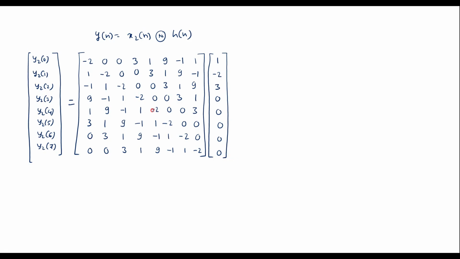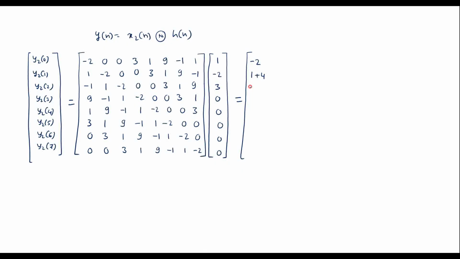So now we'll perform the matrix multiplication. Minus 2 into 1 is minus 2. This is 0. This is 0. Rest all are zeros. 1 into 1 is 1. Minus 2 into minus 2 is plus 4. So rest all are zeros.